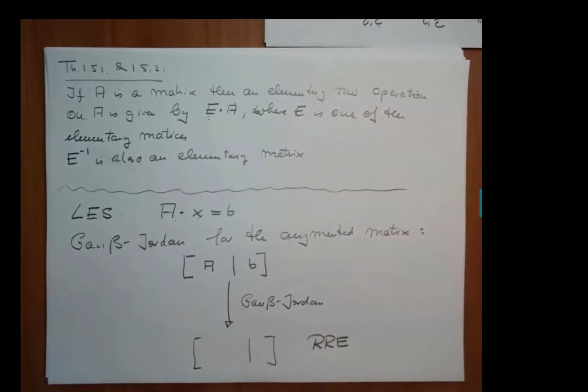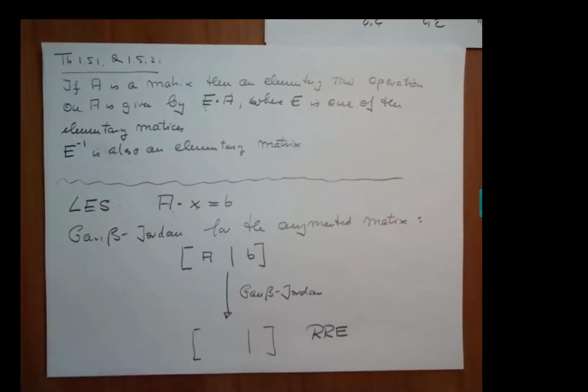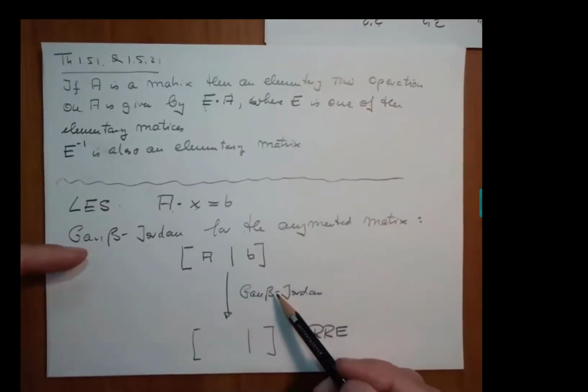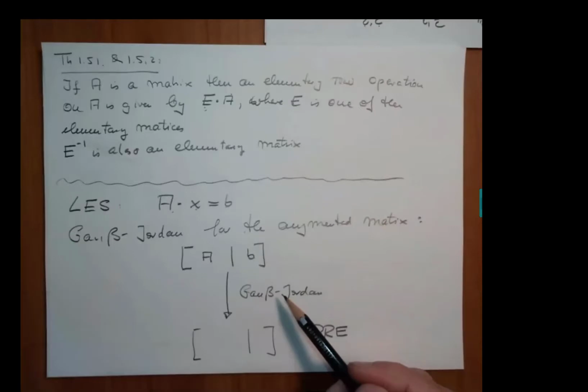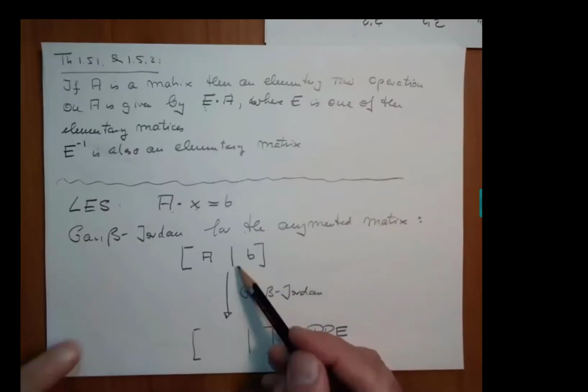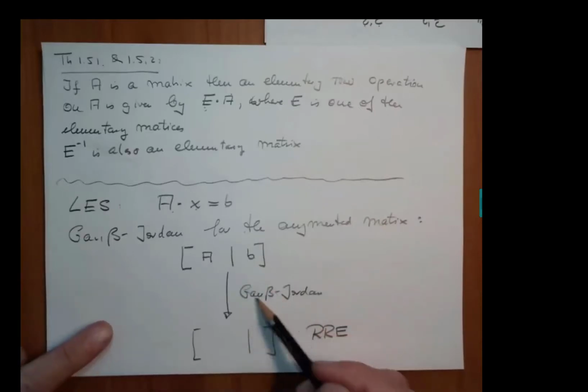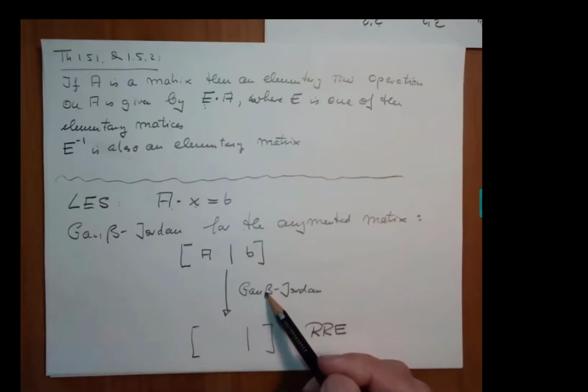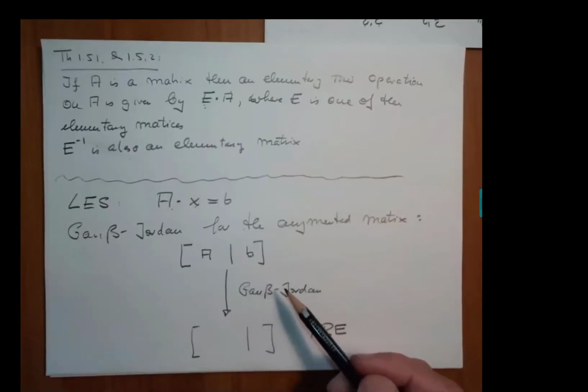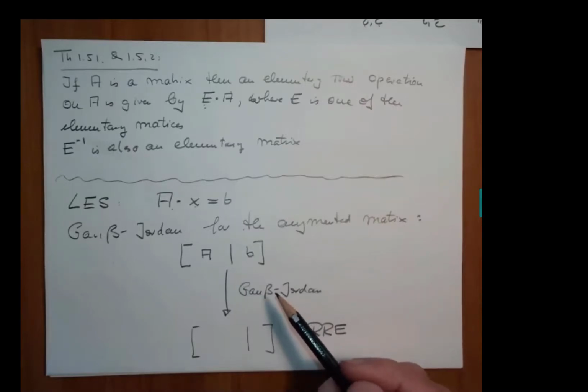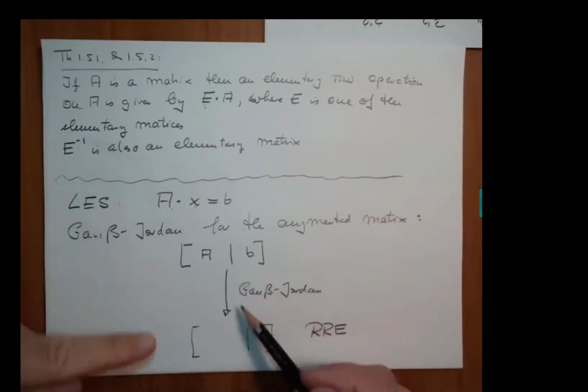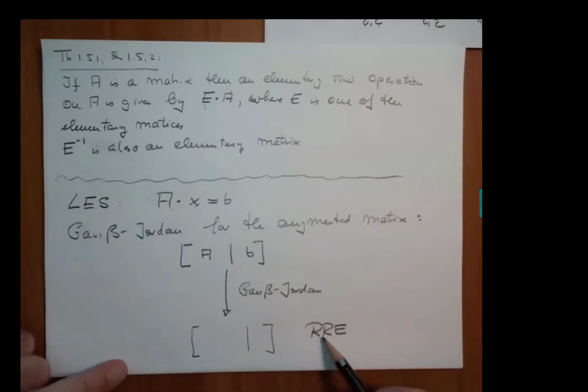And then we stop. After a while you understand how this works. If the matrix is not too big, you can do it. But it's also not like every student does the same. You might do something else than your neighboring student. It's not clear how you get there. But at the end, you end up with a reduced row echelon form.